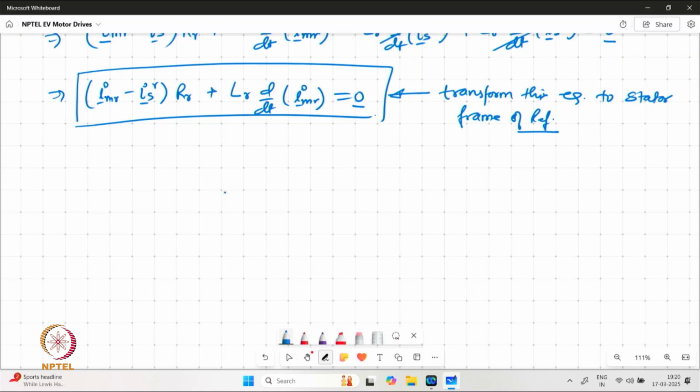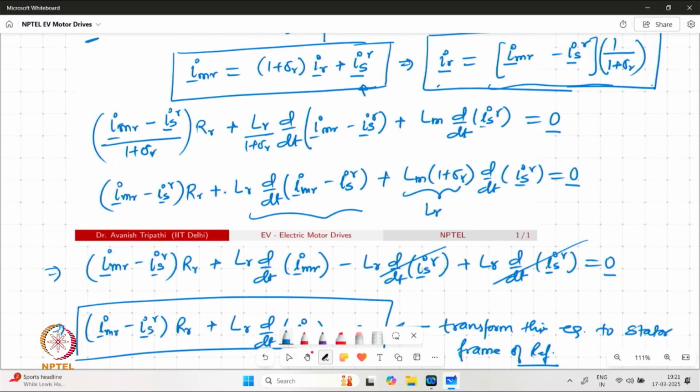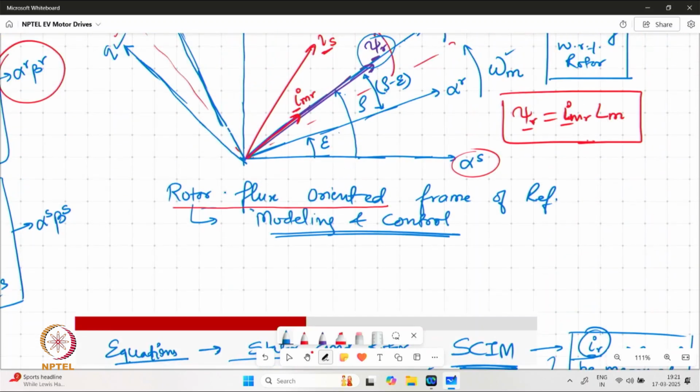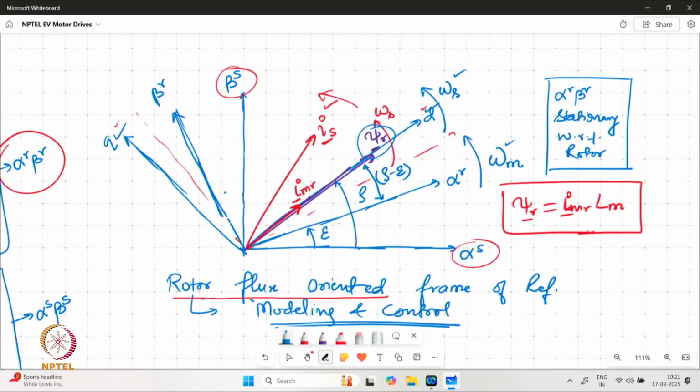So once again we will refer to our frame of reference shown over here. What we are trying to do is that the quantity IMR is defined in the alpha R beta R frame of reference, and we want to move it to the alpha S beta S frame of reference, which means that we are going in the clockwise direction by angle epsilon.